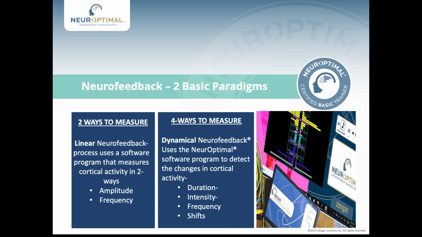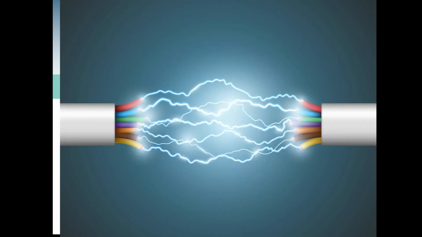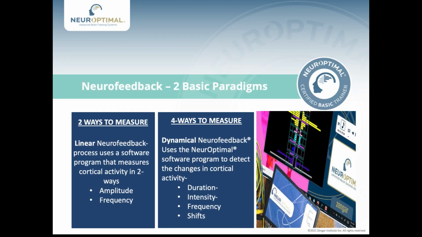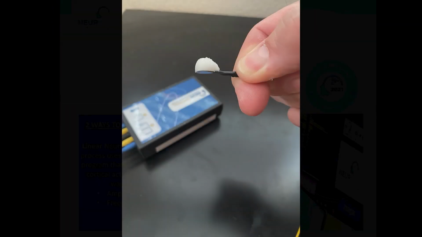Now remember, when you think about all the electricity that's going on in the brain, and then you think about all the electricity that's going on outside in our environment, and the only way we're able to measure it is with that tiny little sensor with a little ice cream scoop of paste on it. And that's it.